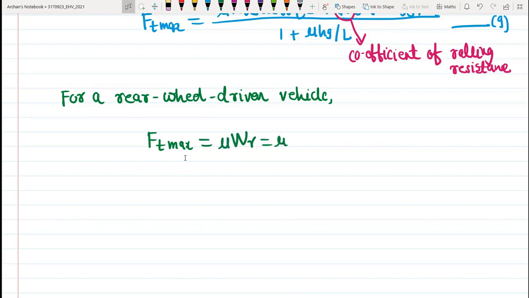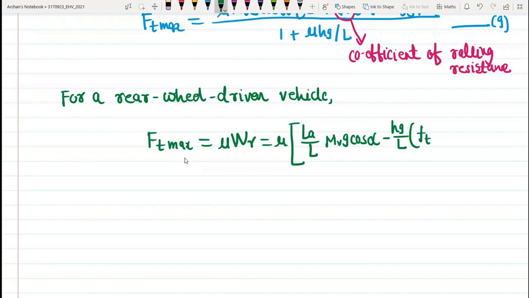Again, Wr is very well known to us. We already have derived the equation. It is given by La by L mvg cos alpha minus hg by L (Ft max minus Fr) into (1 minus Rd upon hg).